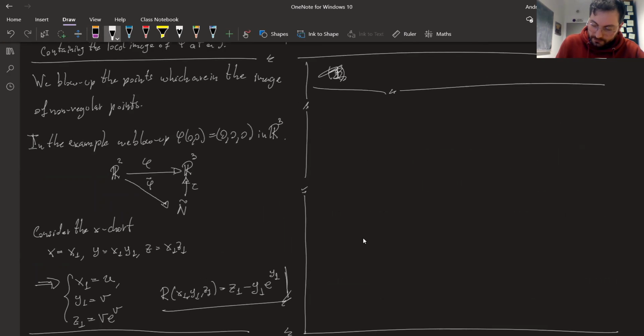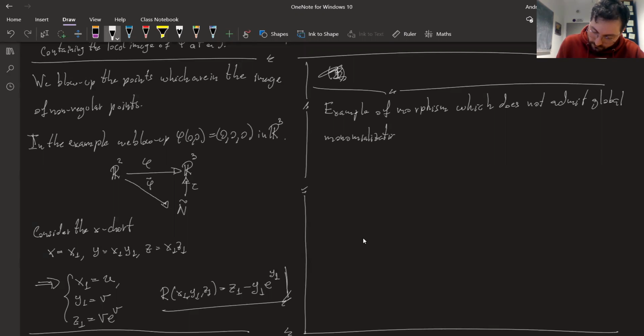So the example of a morphism which does not admit global monomialization.